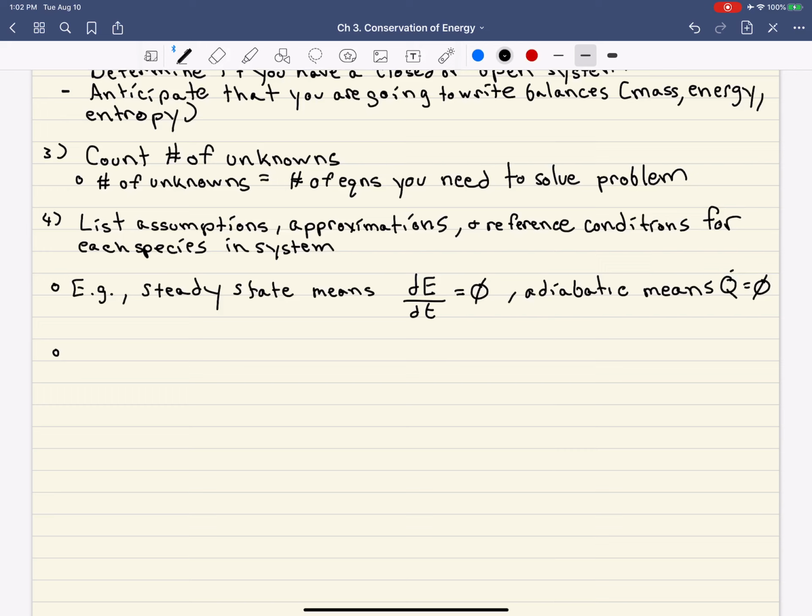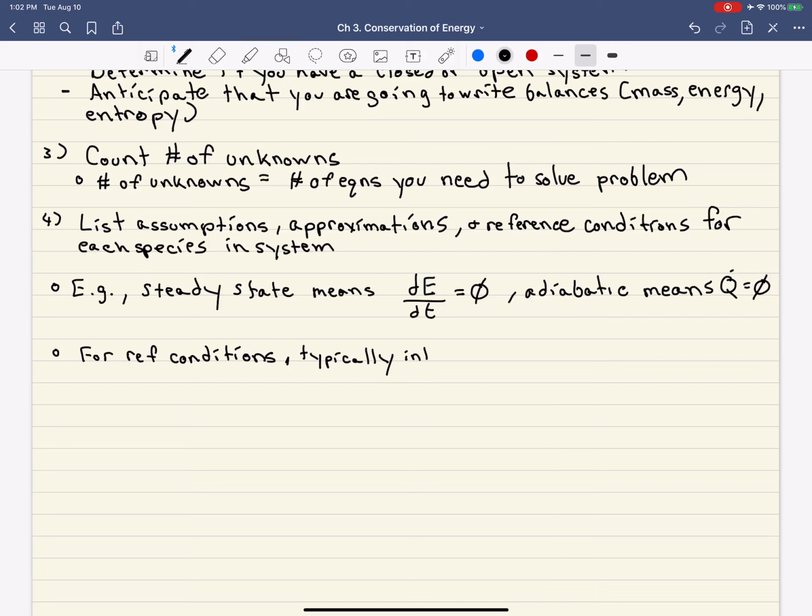For the reference conditions, just like you learned in MEB2, there's no absolute value of internal energy or enthalpy. And so when we calculate those, we're usually calculating a change in internal energy or enthalpy. In order to calculate that change, we need some sort of reference internal energy that we use, and that reference internal energy we're going to set equal to 0.